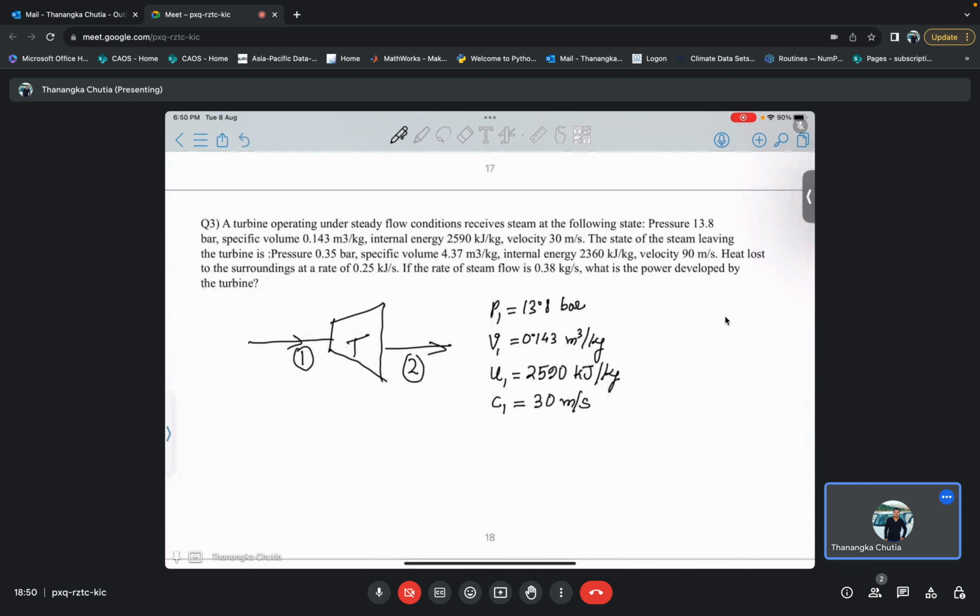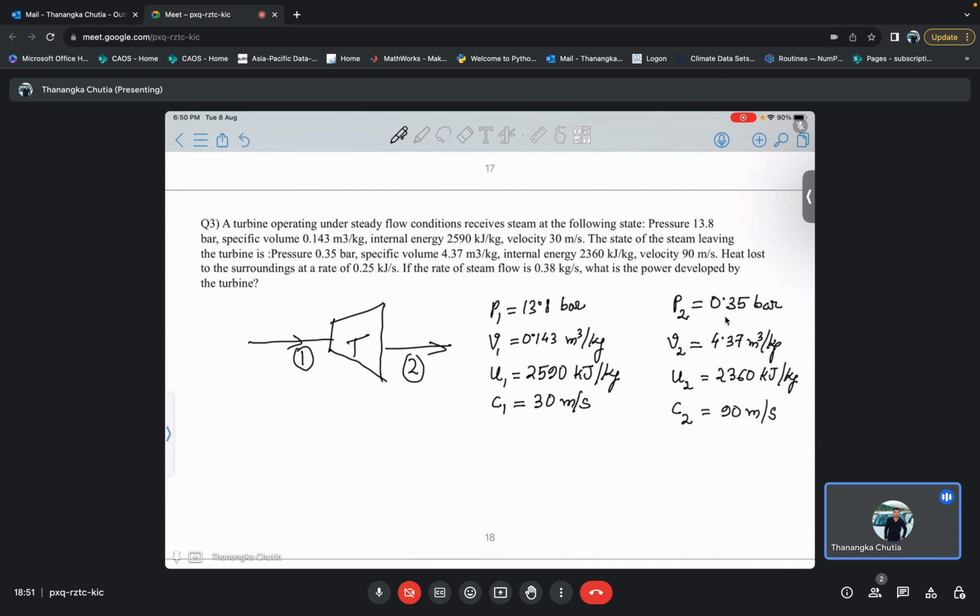Then the state of the steam leaving the turbine: P2 is given as 0.35 bar, my specific volume at the exit V2 is 4.37 meter cube per kg, my internal energy at the exit is 2360 kilojoule per kg, and my outlet velocity is 90 meters per second.